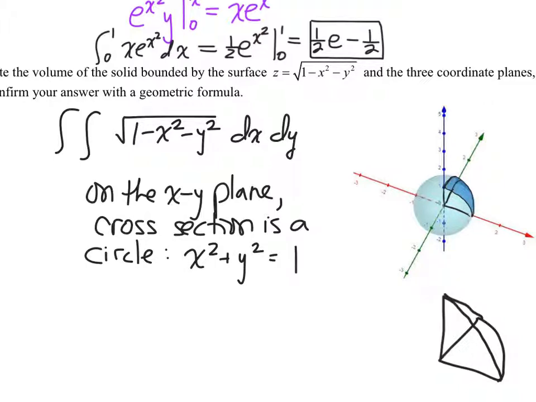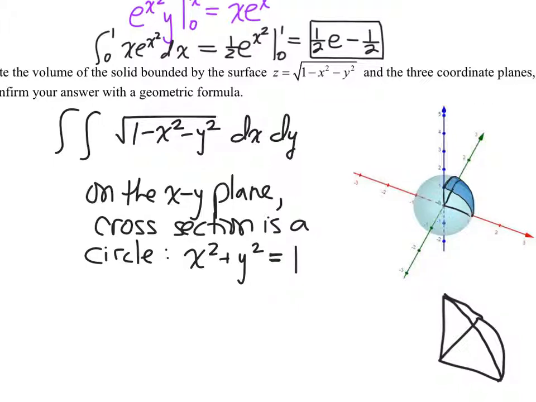The reason I know that is because this sphere is centered around the origin. If you really want to do this the right way, you plug in a 0 for z, that puts you on the xy plane, and simplify. But that's a roundabout way of getting this when you could just use common sense.